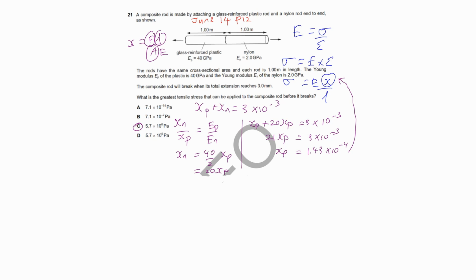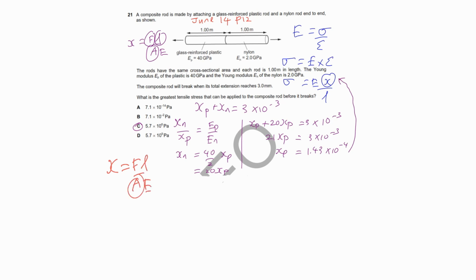We also have another formula that we can use, which is that the ratio of the extension will be the inverse ratio of the Young modulus. In case you're wondering how I got this formula, you can figure it out from the formula that we always use, which is x equals FL over A times Young modulus.